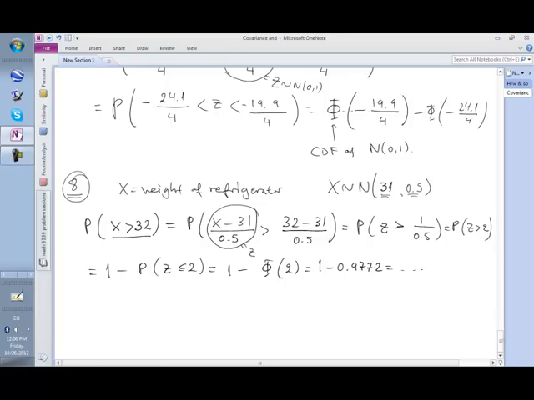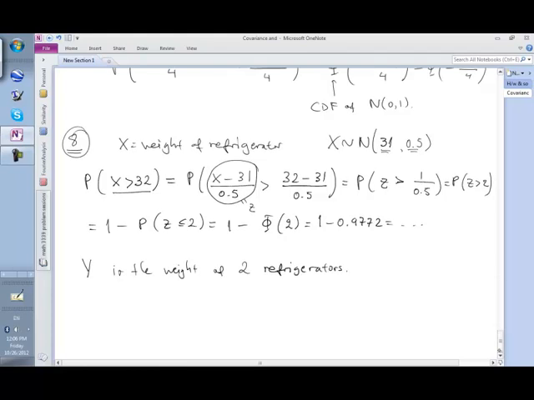So let me make a small variation of the problem. Suppose that Y is the weight. We don't buy one refrigerator, but we buy two refrigerators, and Y is the cumulative weight of two refrigerators. What is the mean weight of these two refrigerators?